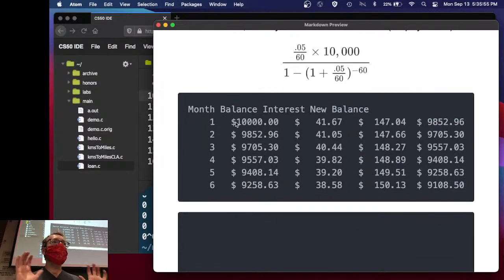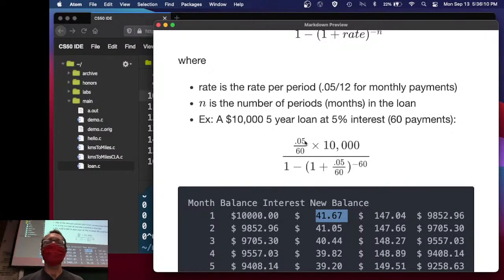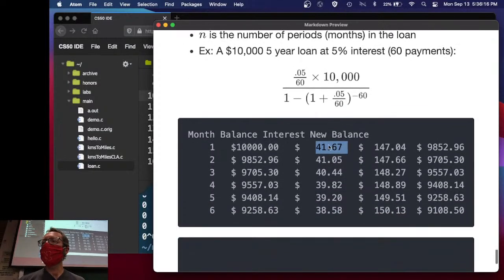So in the first month, we've borrowed $10,000. We have to pay a little bit of interest, and we have to pay a little bit back on that loan. The interest is calculated by taking the rate, say in this case 5%, not that great of a rate, but a middle of the road rate, and dividing it by 12.